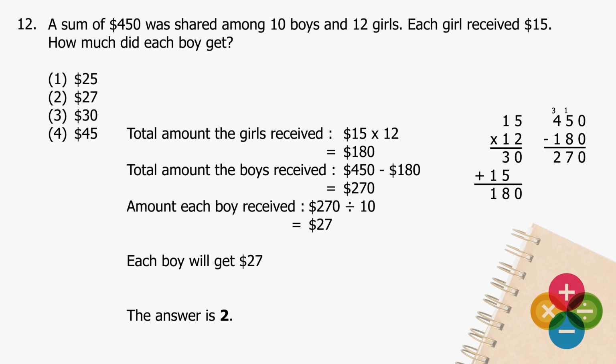The total amount the boys received will be: subtract $180 from $450, and the difference is $270. The amount each boy received will be: divide $270 by 10, and the quotient is $27. Each boy will get $27. The answer is 2.